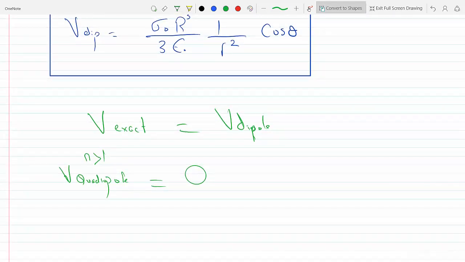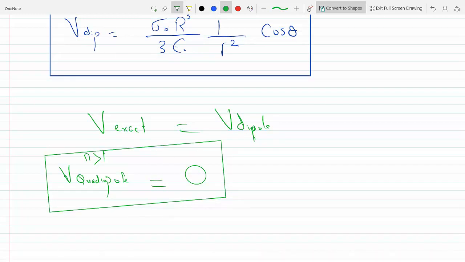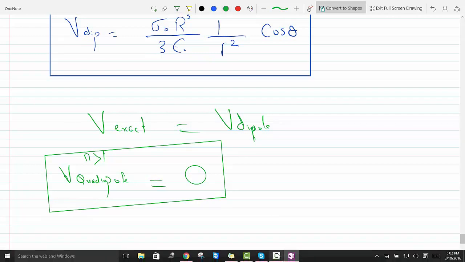And if they go to 0, then the higher moments of the surface charge distribution have to be 0, because in the exact potential we just pick up the dipole potential of this charge distribution. Nothing else shows up. So they must all be 0.